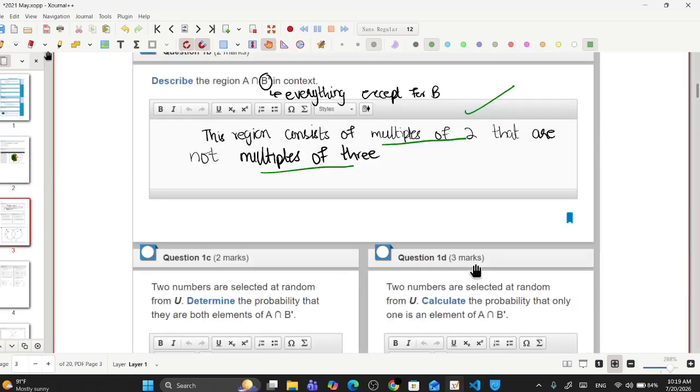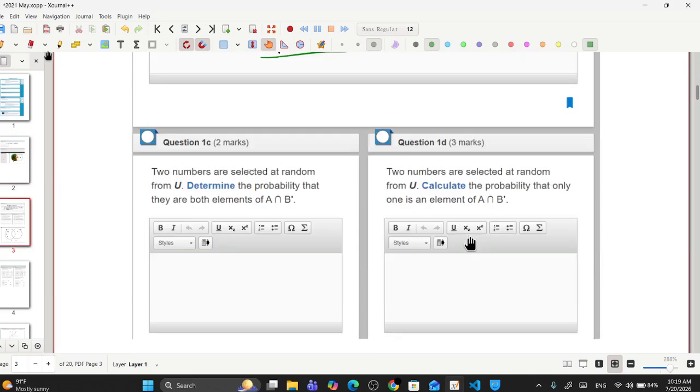So there are a total of 4 numbers present in this region. So we know that the first probability is going to be 4 over 10. It says two numbers. So the probability of the first number is going to be 4 out of 10 because there are a total of 10 numbers, and out of that, from the desired region we have 4.